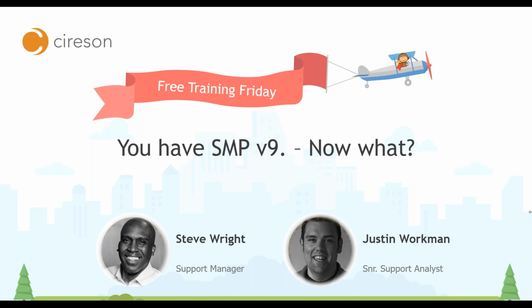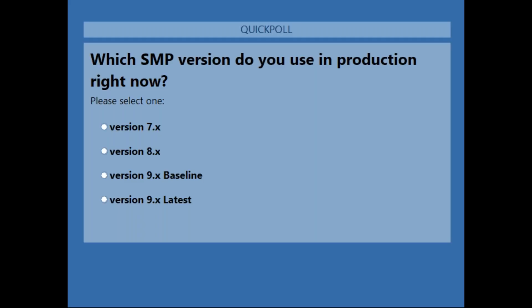Let me start with a question of my own. It would be interesting to see, of the audience we have with us today, how many people are using version 9 baseline release or even previous. So I'm going to throw up a quick poll, and I'll give you 30 seconds to answer this question: which SMP version do you use in production right now?